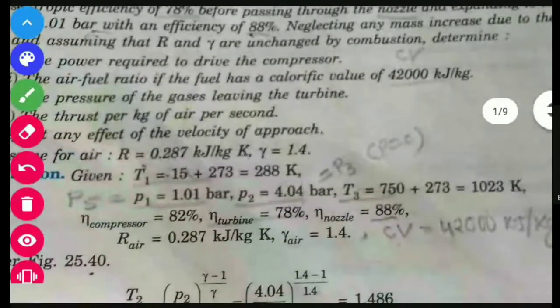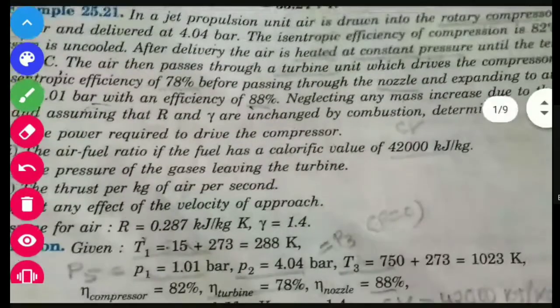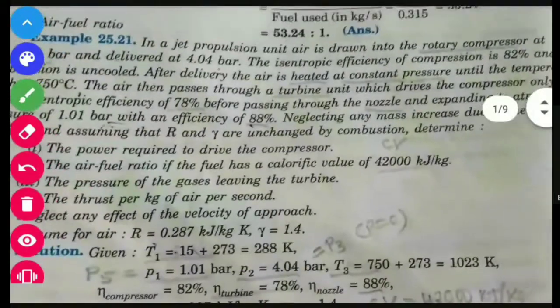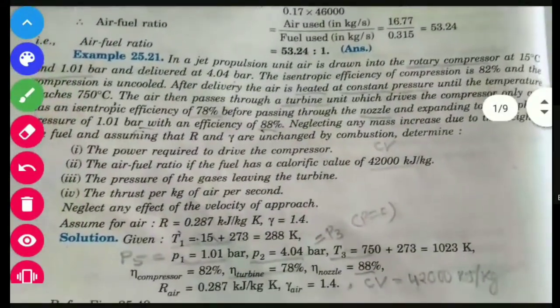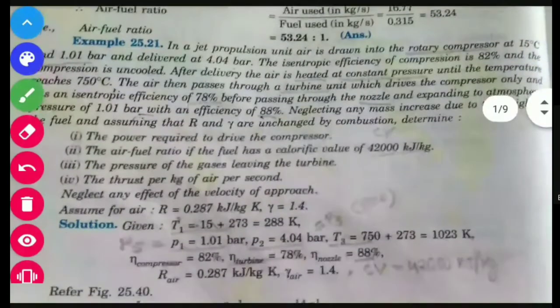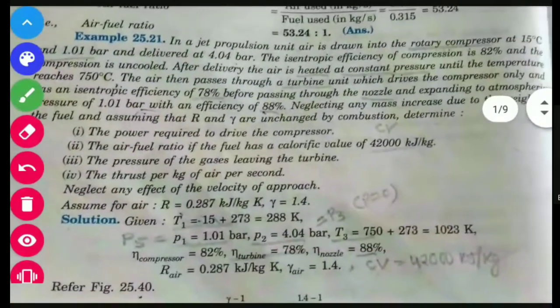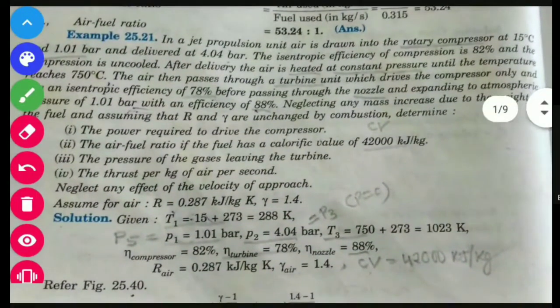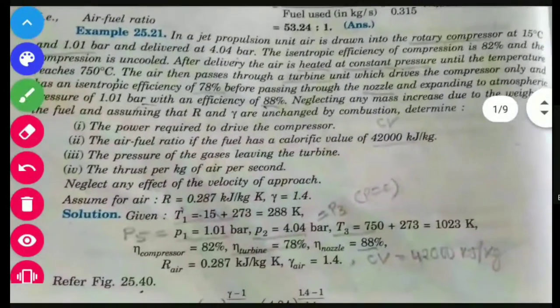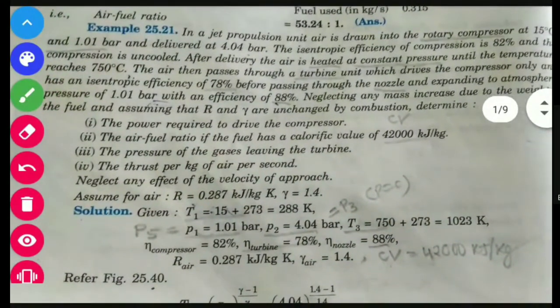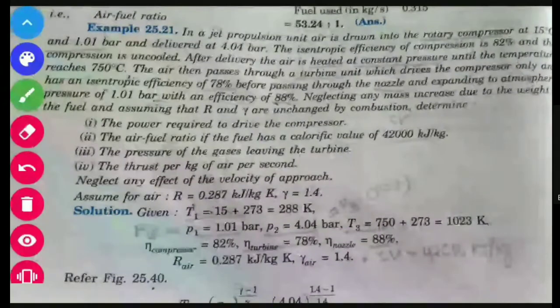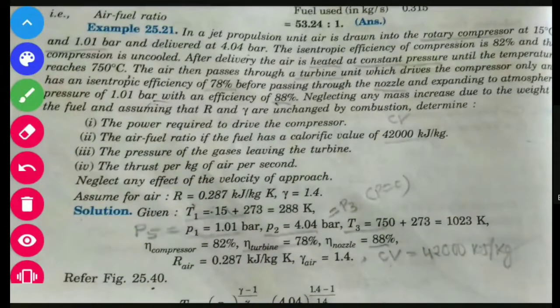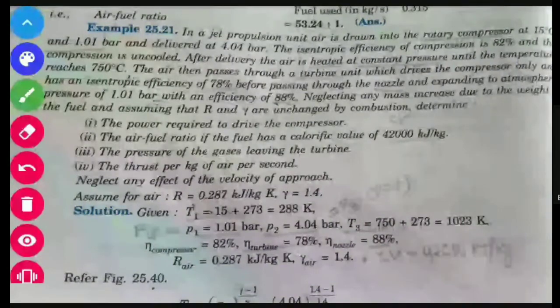So P2 is P3. And also it is given, see the problem, after delivery, the air is heated at constant pressure until the temperature reaches 750 degrees centigrade. After delivery means from 2 to 3. It reaches 750 degrees centigrade, which is the given T3 temperature.